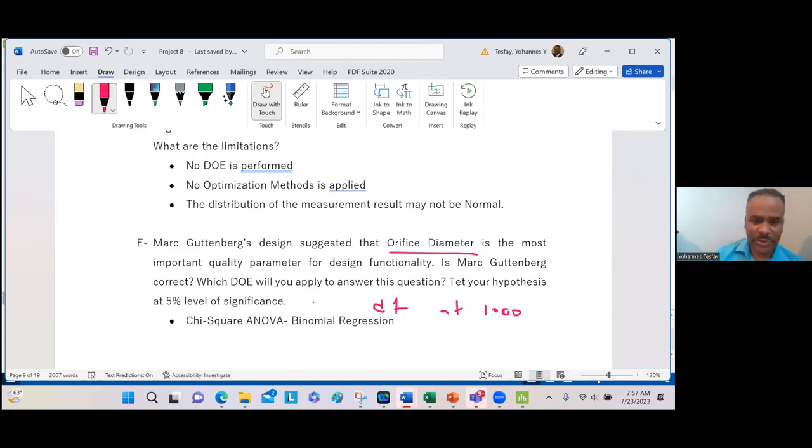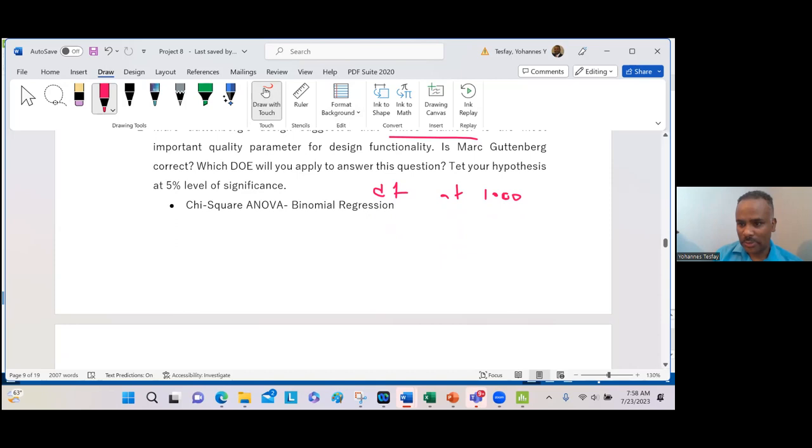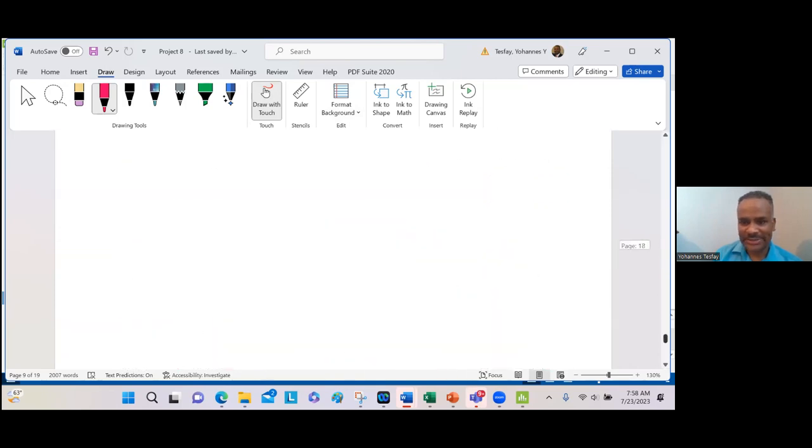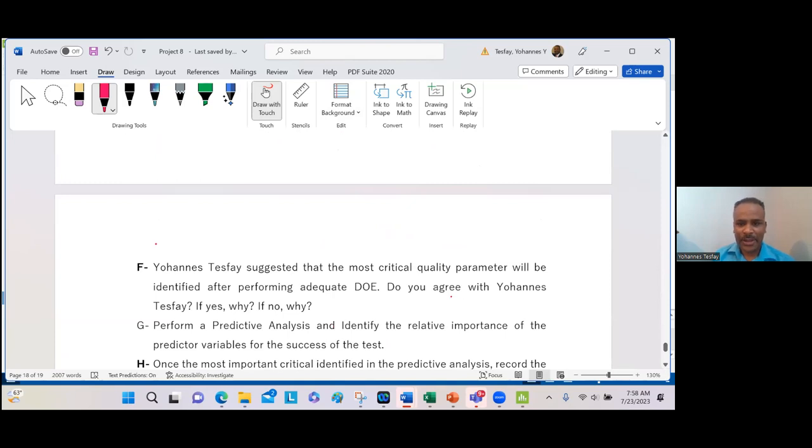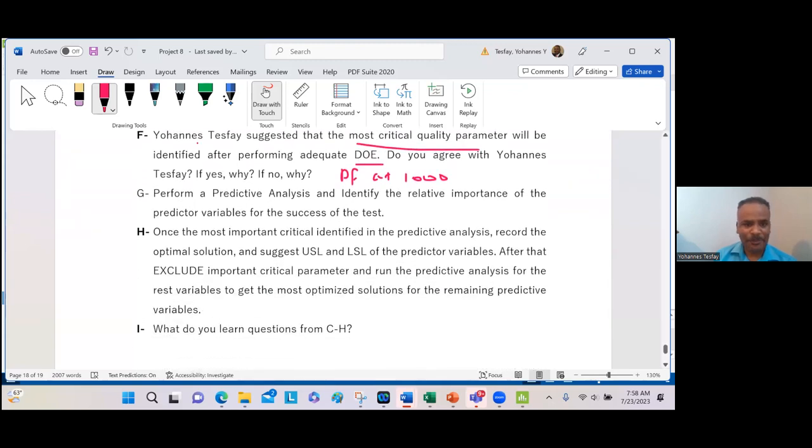What confirmed this is chi-square, ANOVA, or predictive analysis. So in this way we confirm it. Then the most important quality parameter is identified by DOE. The DOE showed that differential at 1000 is the most important quality parameter. Then we already performed predictive analysis and identified relative importance, which I already showed you.